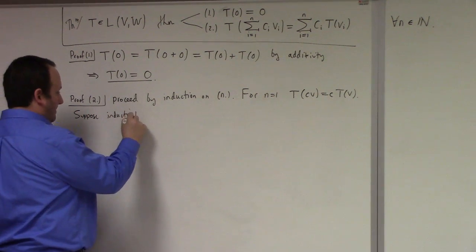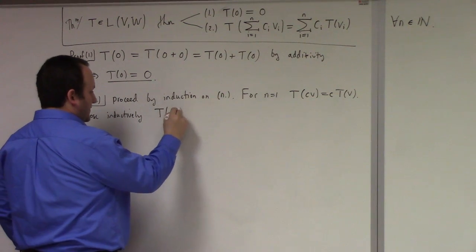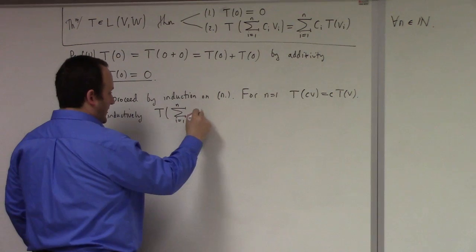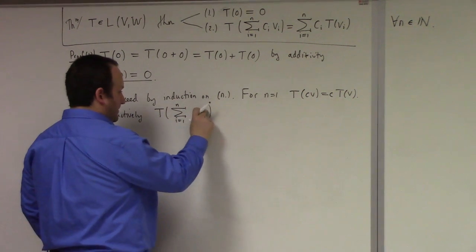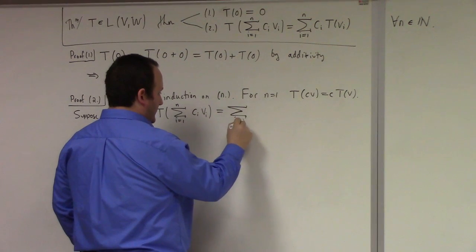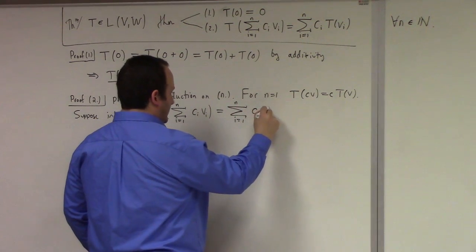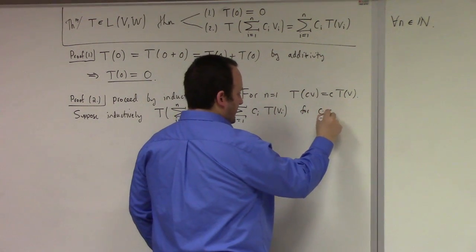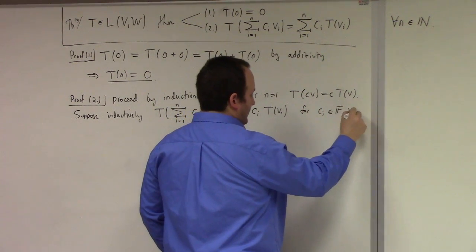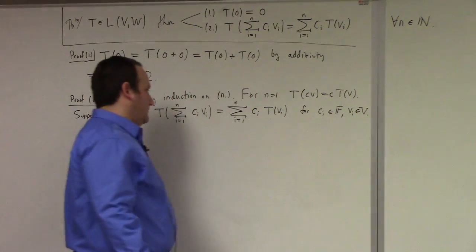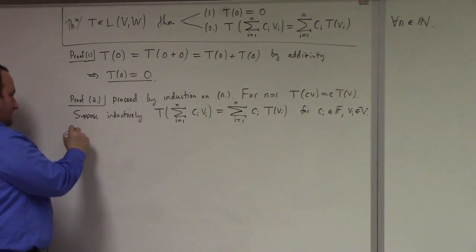Suppose inductively that T of a sum i equals 1 to n of ci vi is equal to a sum i equals 1 to n of ci T of vi for some scalars and for some vectors in the domain, which here was V. And then consider what?